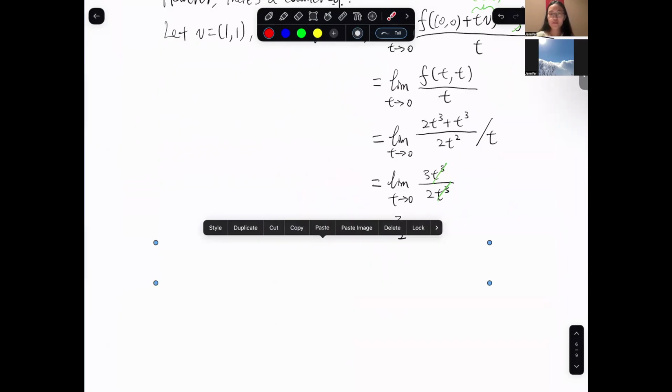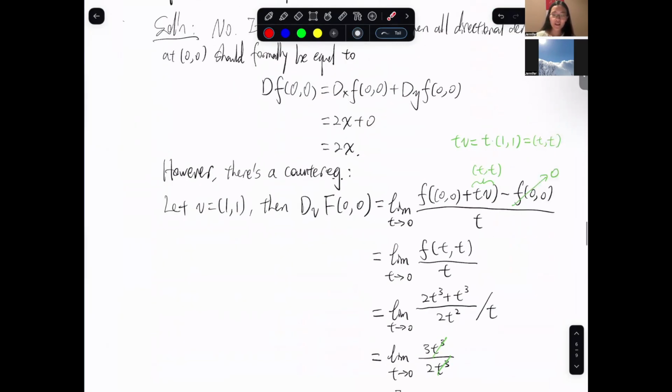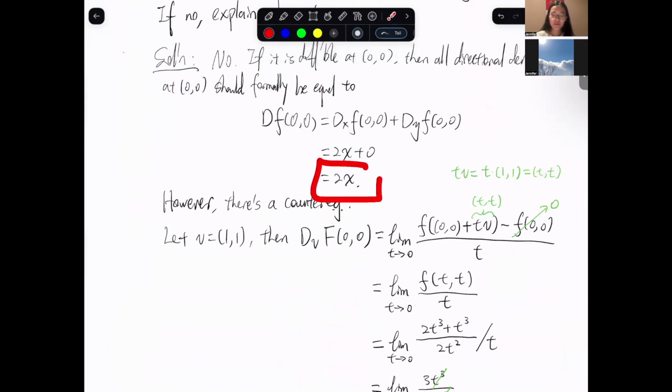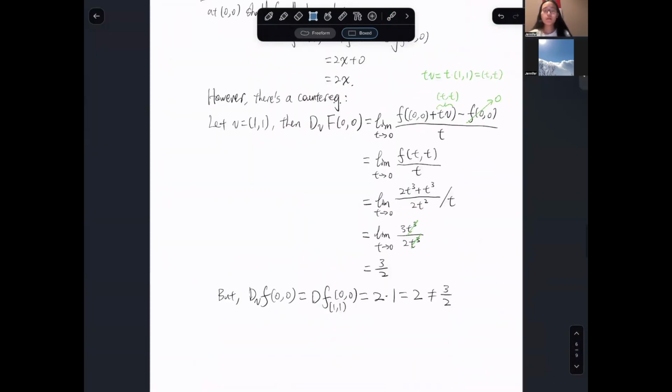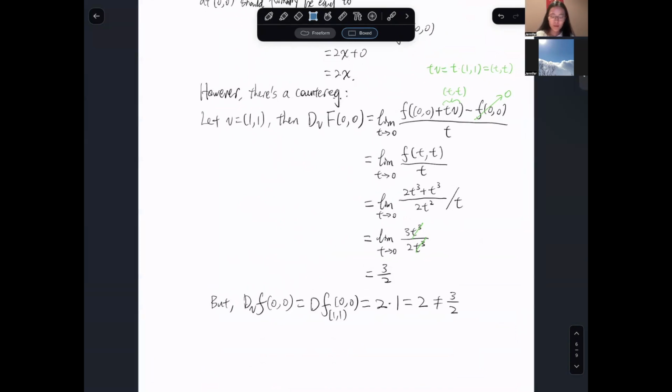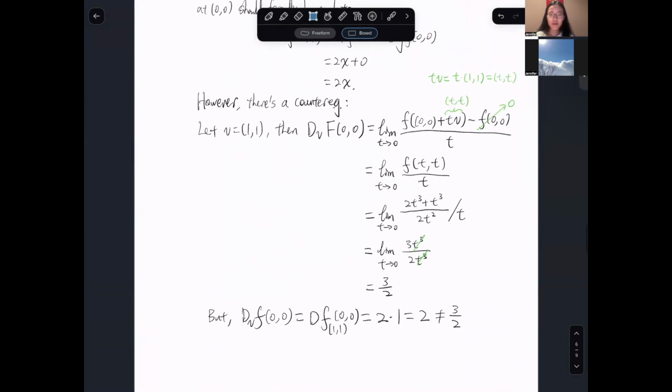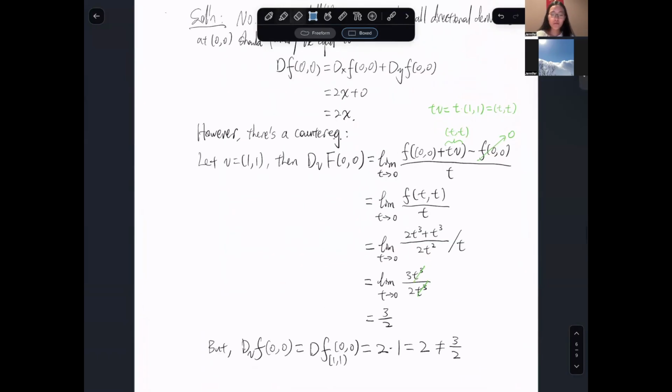Now, 3/2 is definitely not equal to 2, right? So we write down the statement: dvf of (0, 0) should equal df of (0, 0) applied to (1, 1). Here we're just substituting the vector (1, 1) into whatever the derivative is.